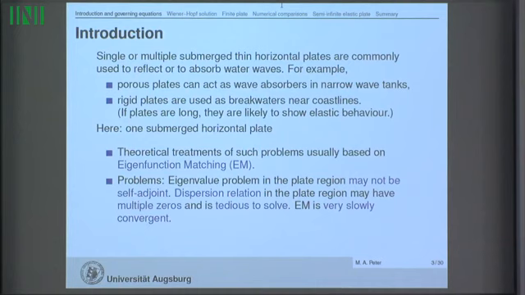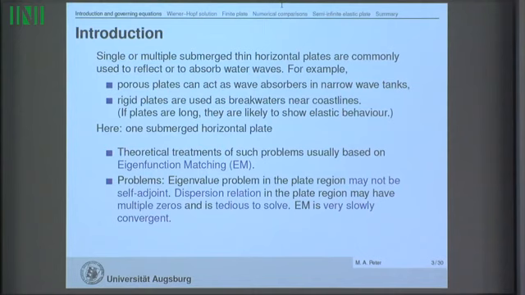You expand the problem in eigenfunctions on this side, you expand it on that side, and then you use continuity conditions along the artificial boundary that you introduced, and get an infinite system of equations for the unknown coefficients in the eigenfunction expansions, and you truncate and solve numerically.